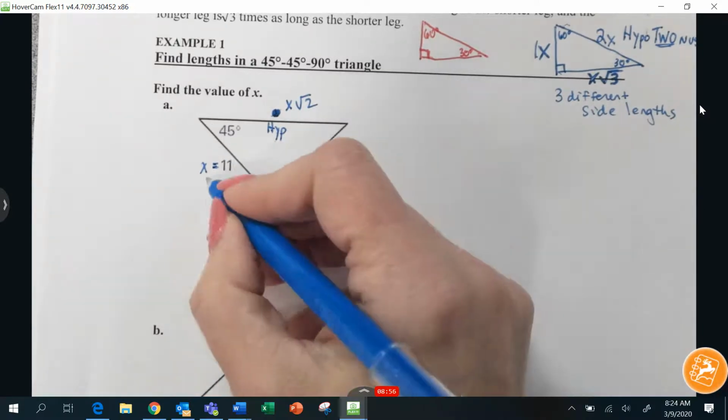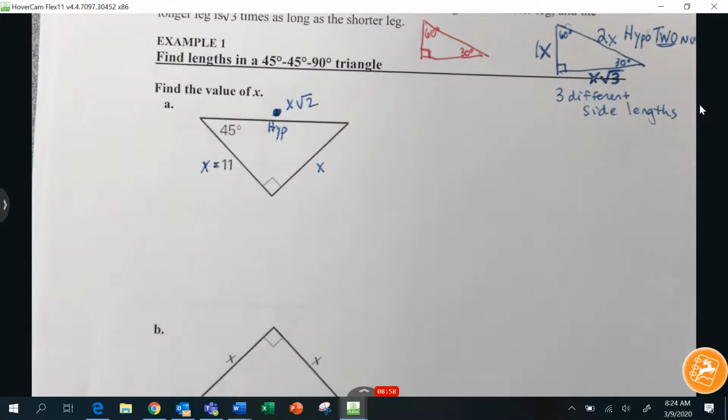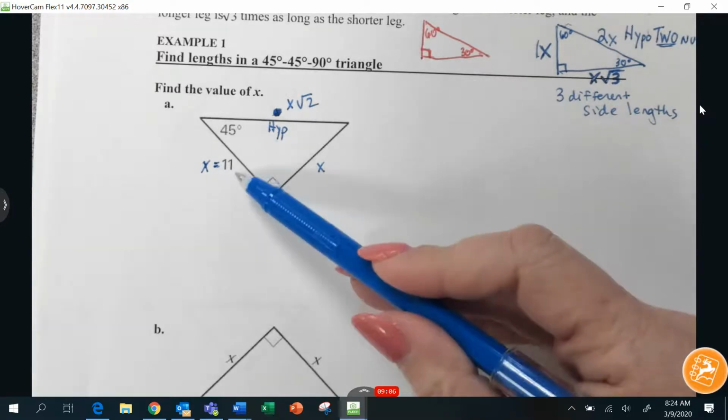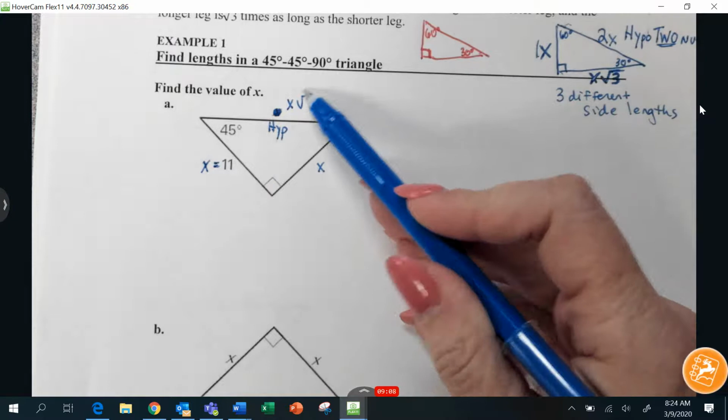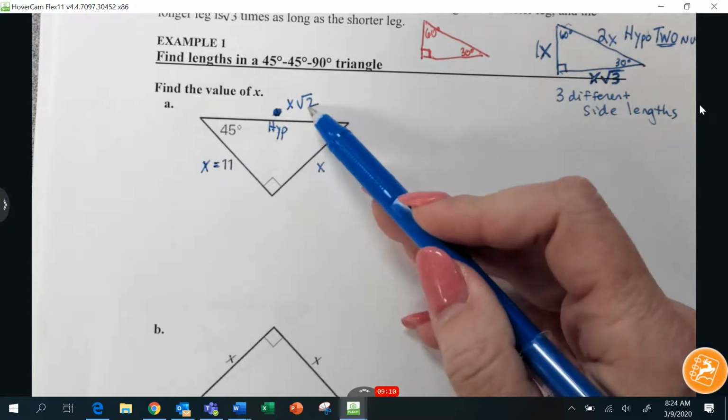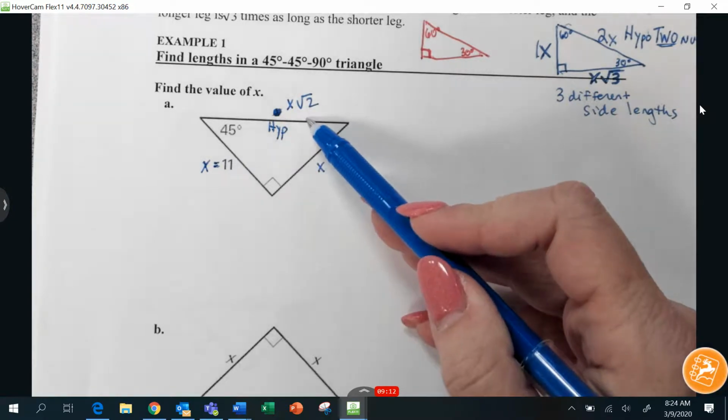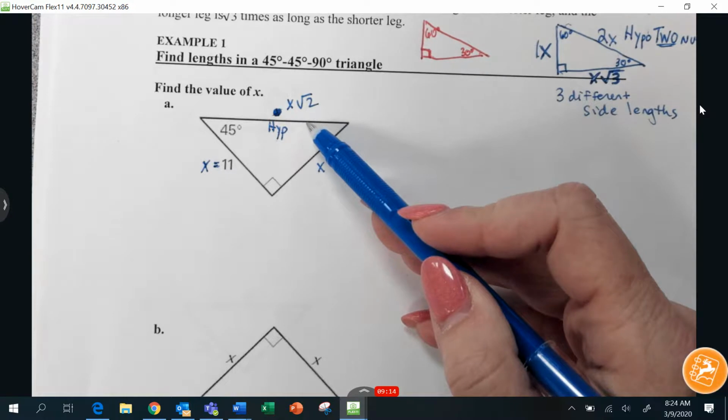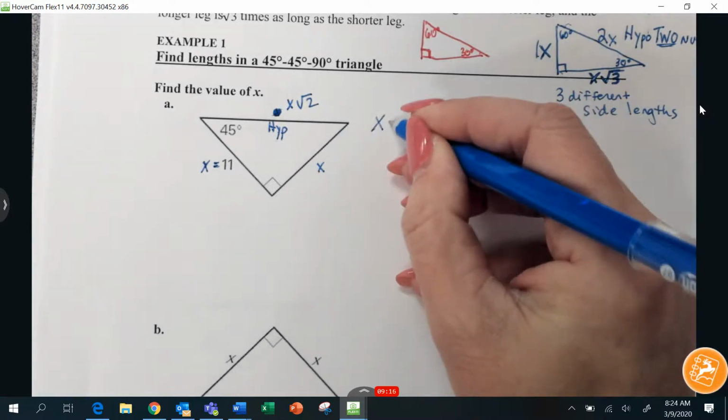If I know that x is 11, how do I find my hypotenuse? John? So x is 11.